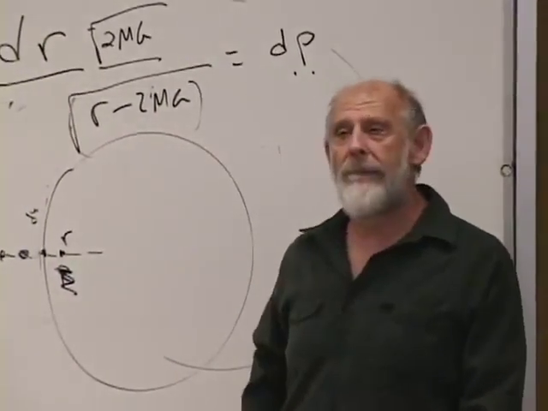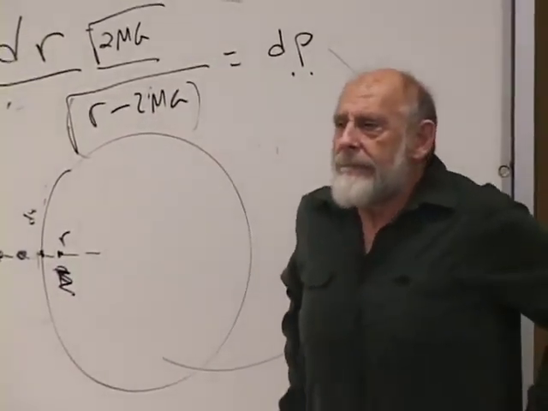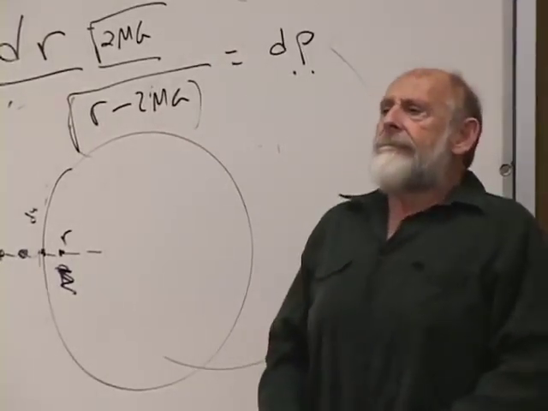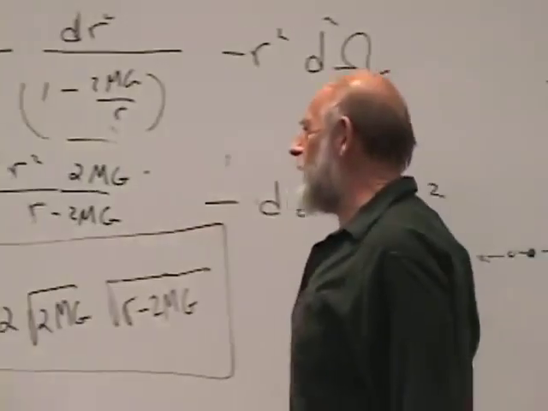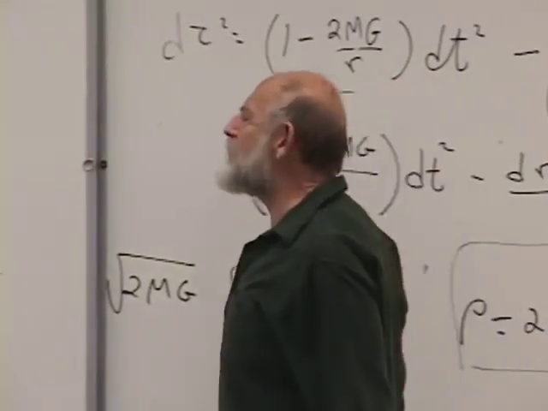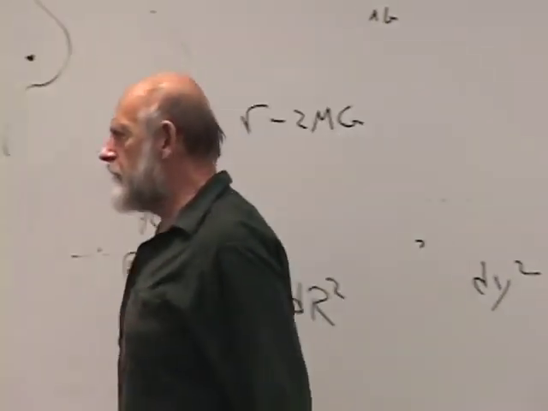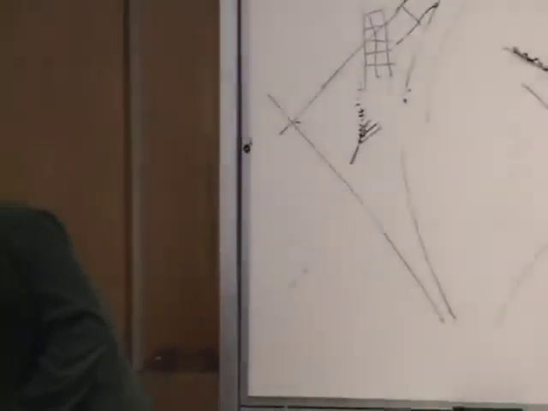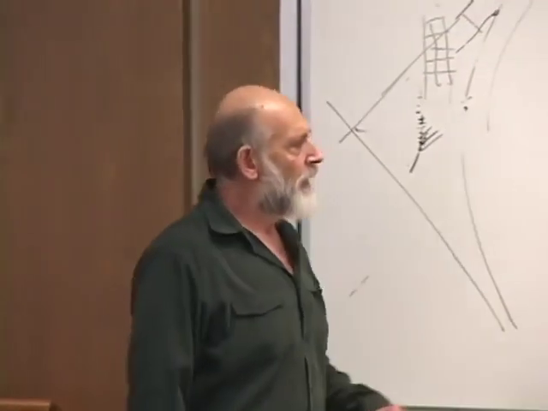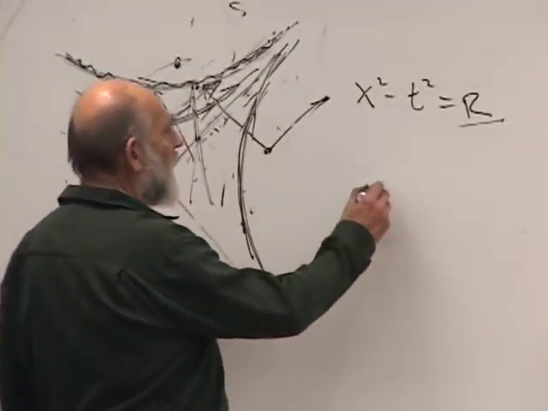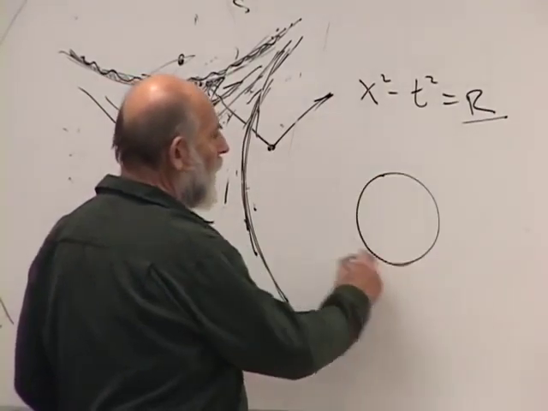Can we go back, way back, to where the metric comes from? It was a solution to Einstein's equation, starting from some distribution of energy, of mass. That's right. Or, well, what distribution of mass does it start from? Any, as long as it's enclosed within here.